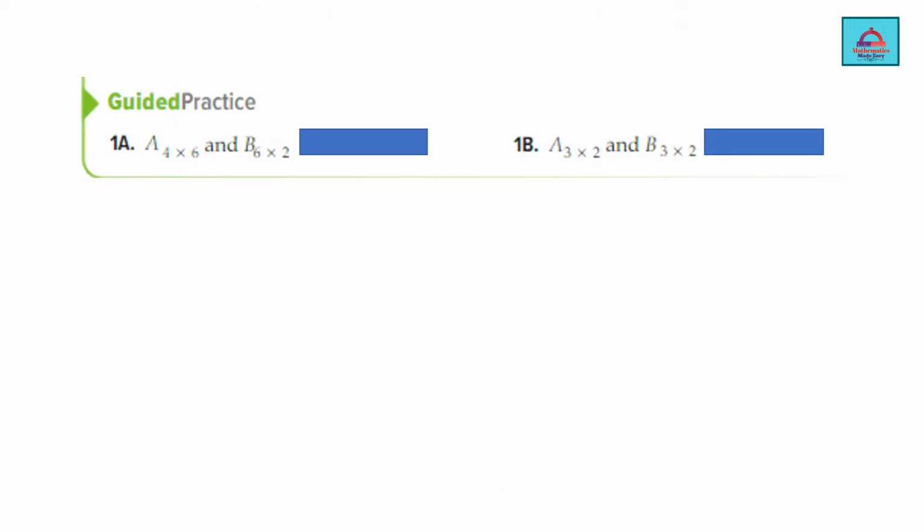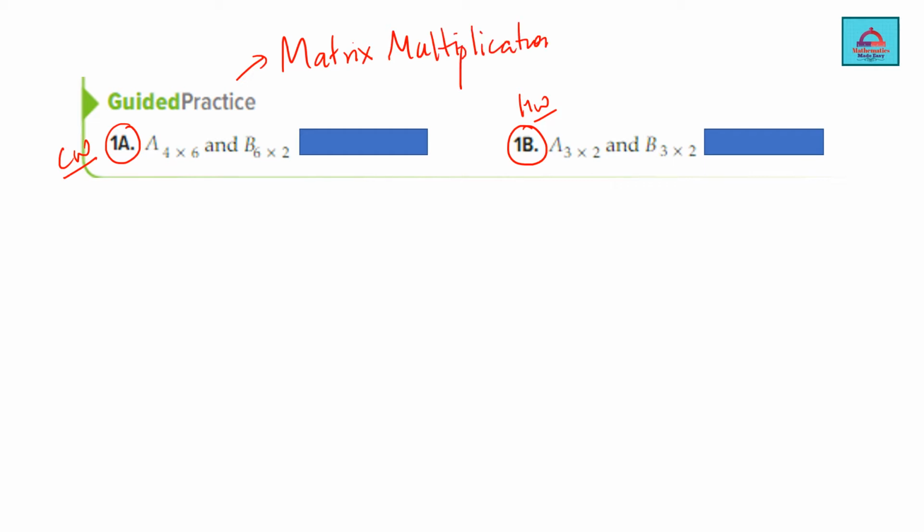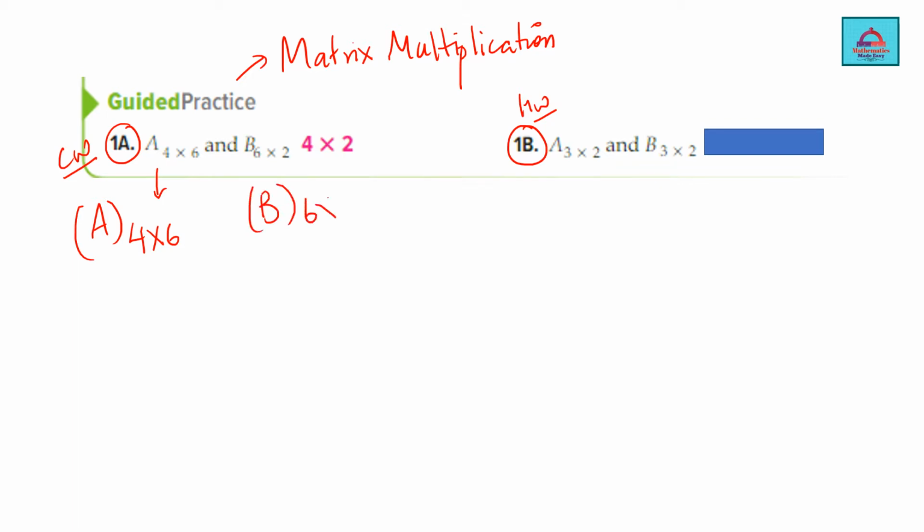Okay, so if you've understood the concept, let's do some more questions for practice. This I'm going to discuss in the video, and this one would be for you to try. So you have to check whether the matrix multiplication is well defined in each of these cases or not. So here the first matrix A has order 4 cross 6, and the second matrix B has order 6 cross 2. So let's check the number of columns here, the number of rows.